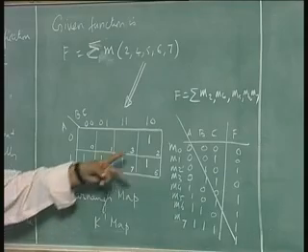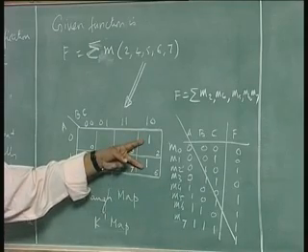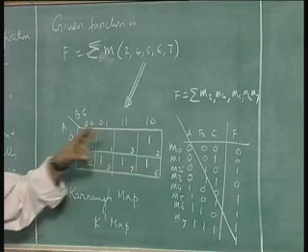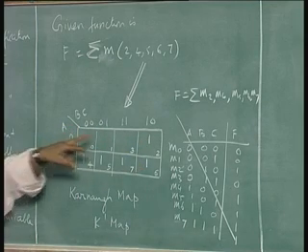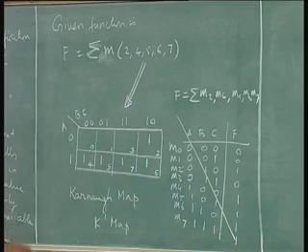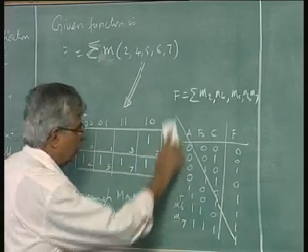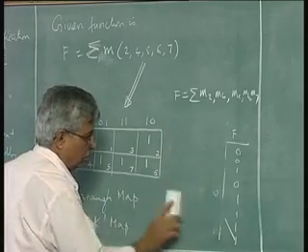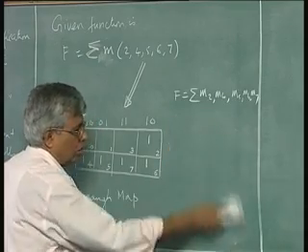For example, in these two cells, A appears as 0 here, 1 here. So I will now remove this truth table, we do not need this anymore.